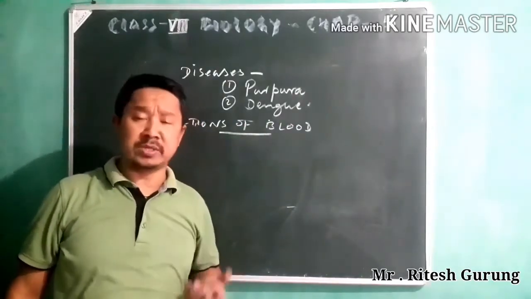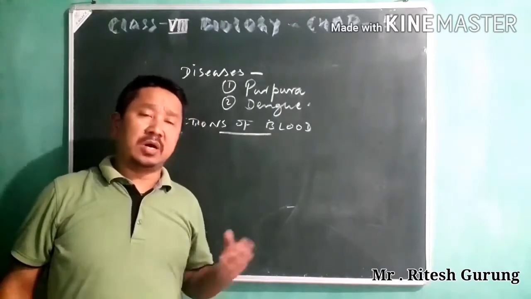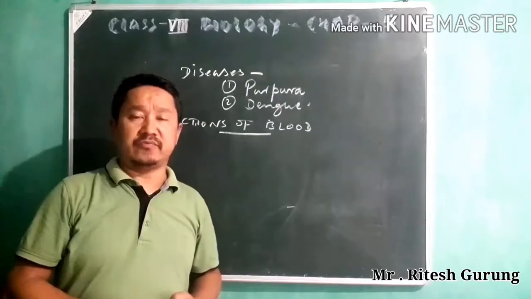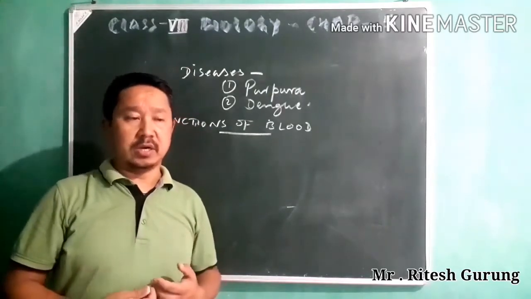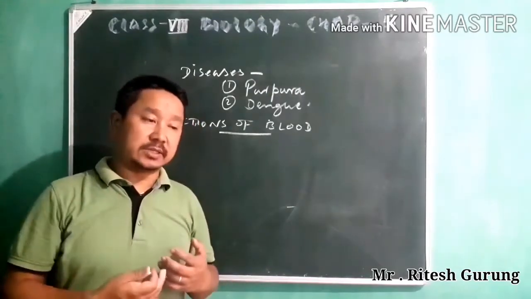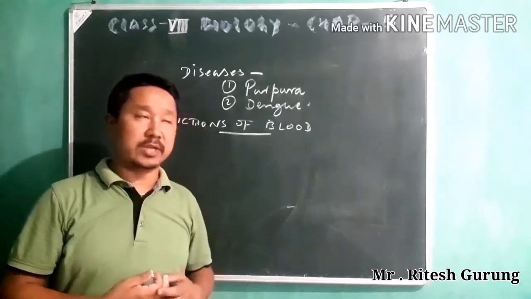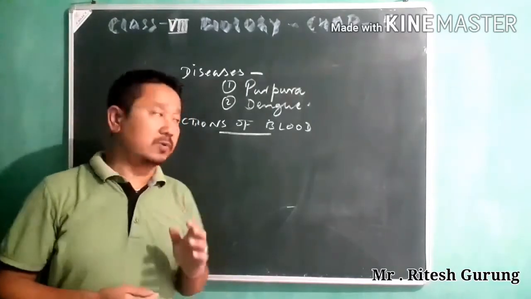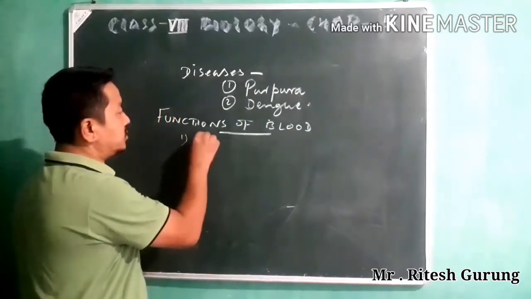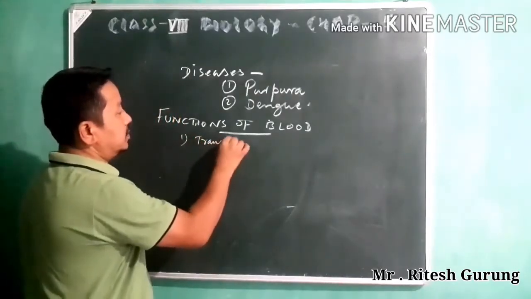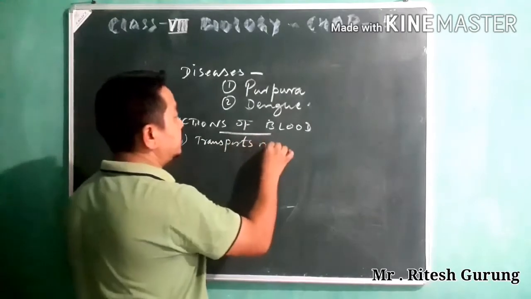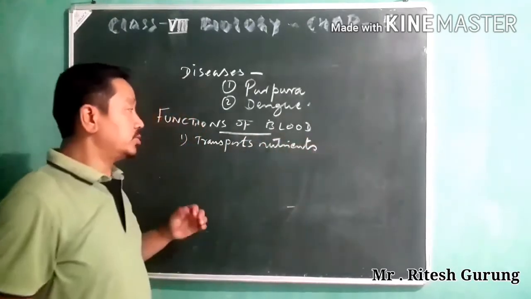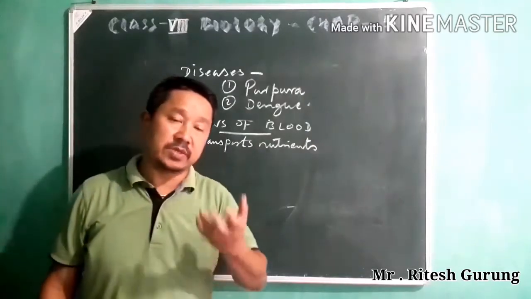It's very important that you all know, because all the transporting functions and all the circulating functions in the body are done by this blood only. So number one, it transports nutrients. Nutrients means something which we eat.